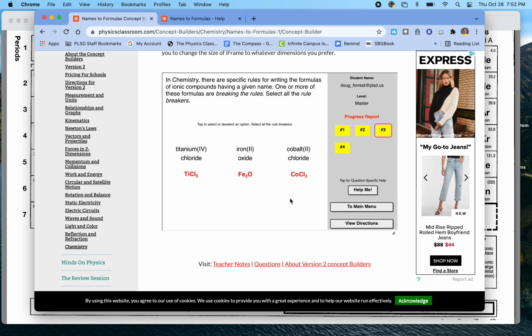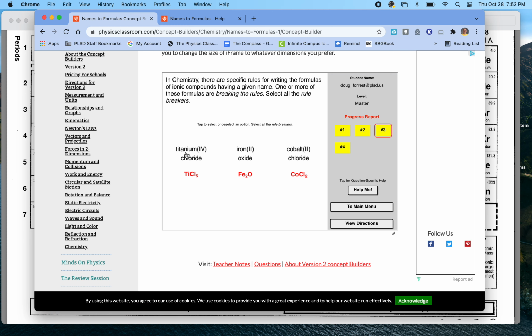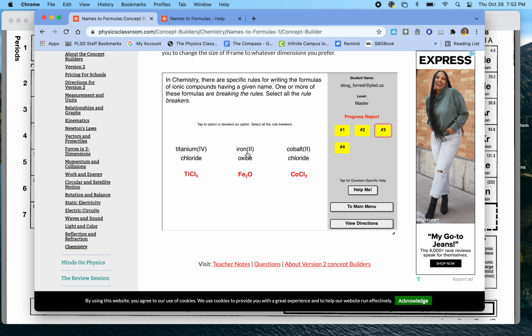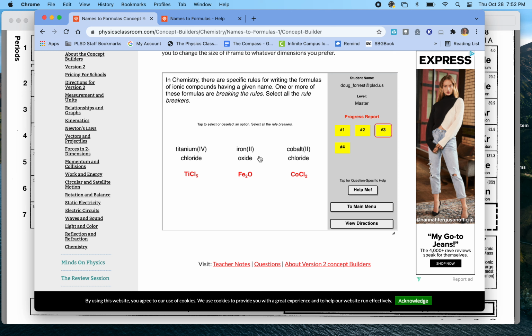If I begin the master level, now these deal with things where we have parentheses around these atoms. That tells you the valence charge of this particular atom in front. So for example, titanium(IV) chloride means titanium has a valence of 4. Iron(II) oxide means this iron has a valence of 2. Cobalt(II) chloride means that cobalt has a valence of 2.